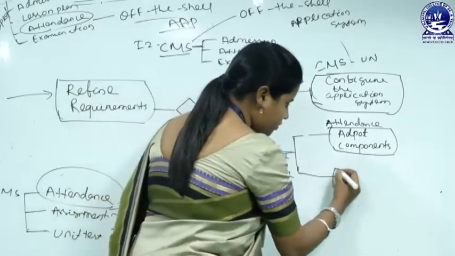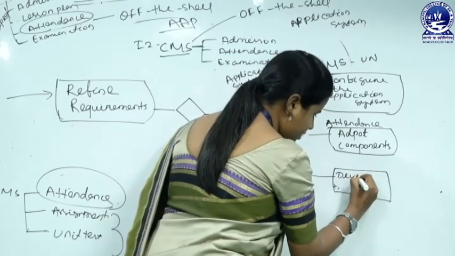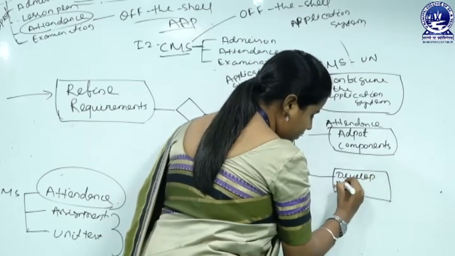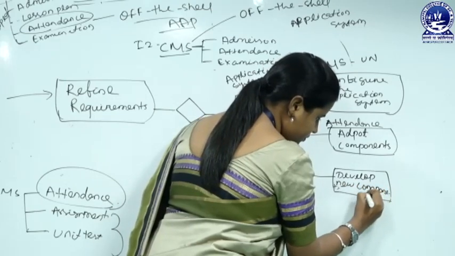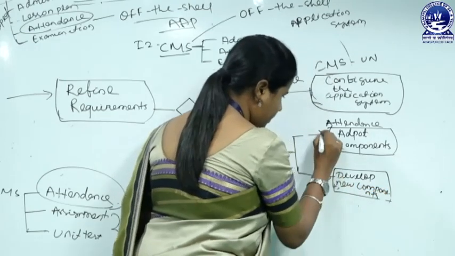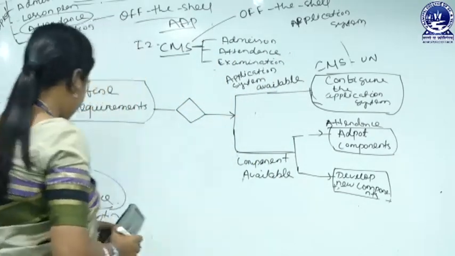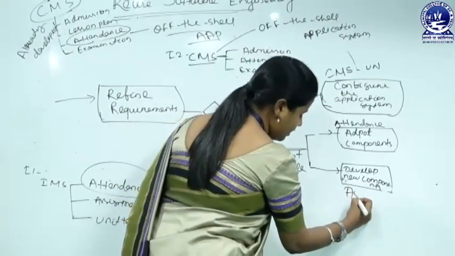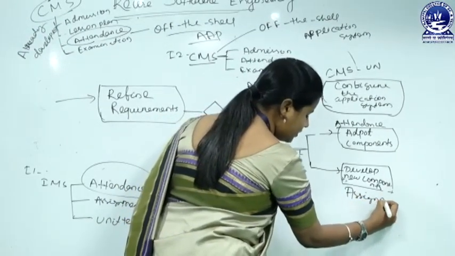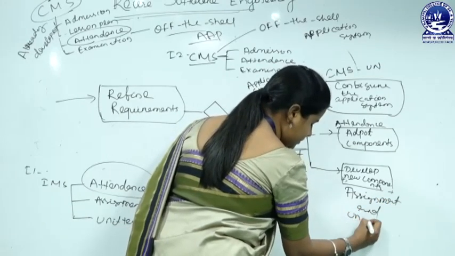And the second process is to develop new components. So, what are actually the new components? They are assignment and unit test. So, here we will write the code for assignment and unit test.